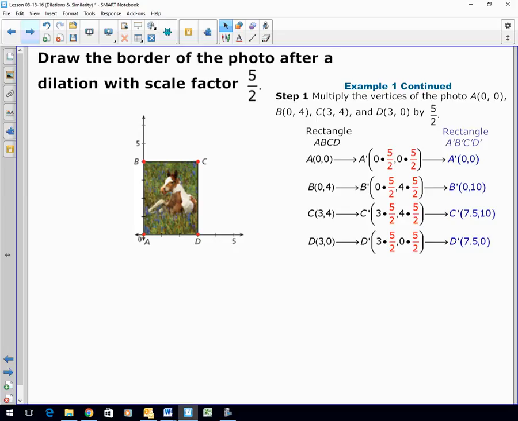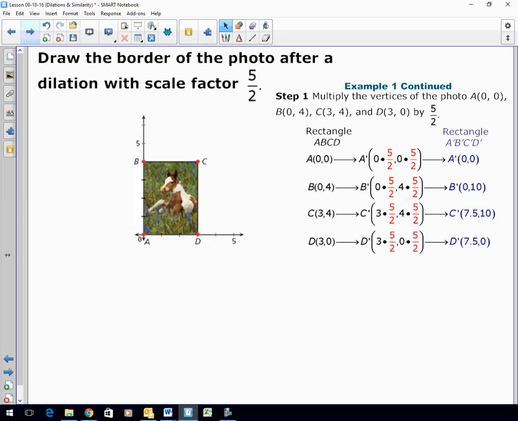If I have a scale factor of 5 halves, I will take each coordinate point: 0, 0, 0, 4, 3, 4, 3, 0. Individually multiply each of those coordinate points by 5 over 2.